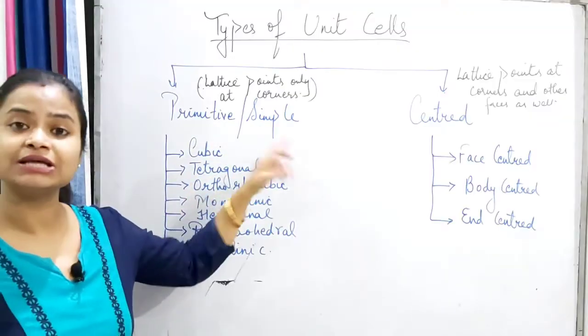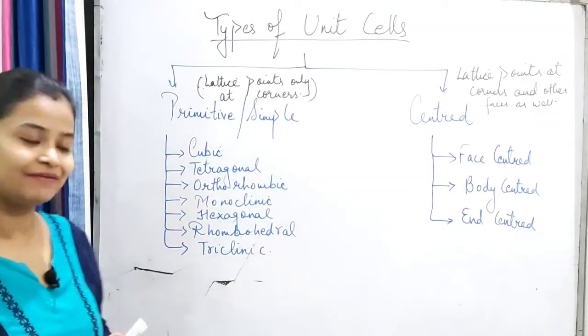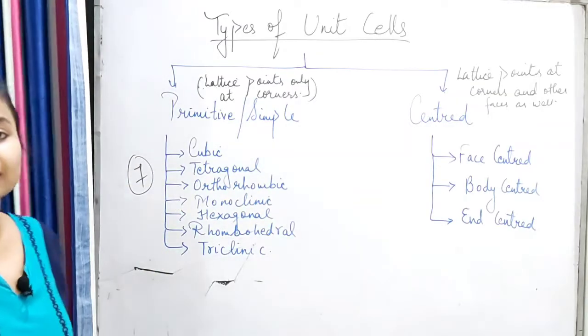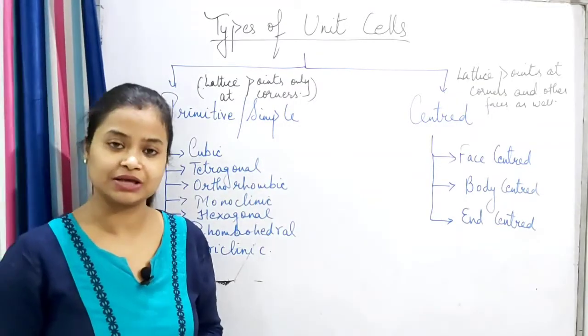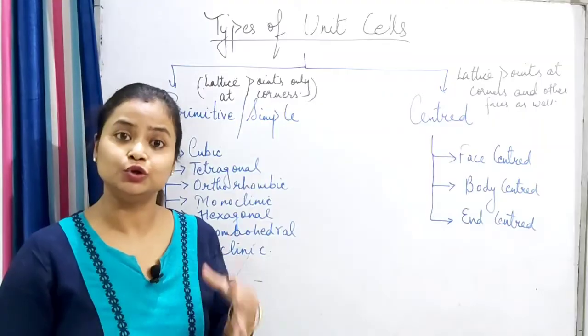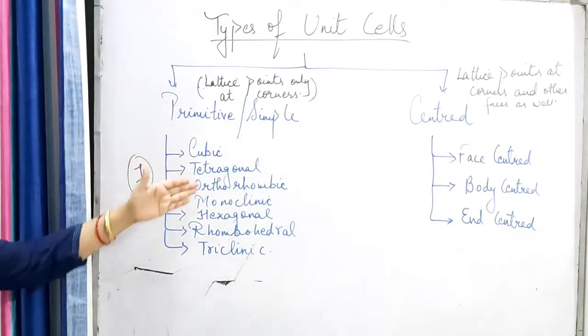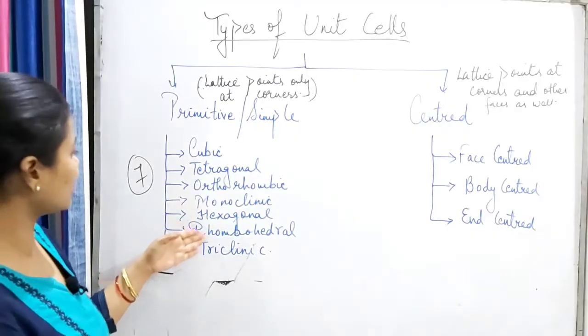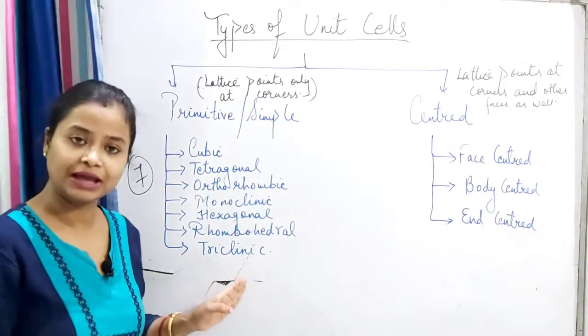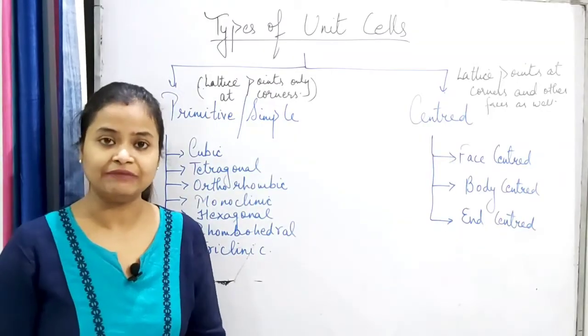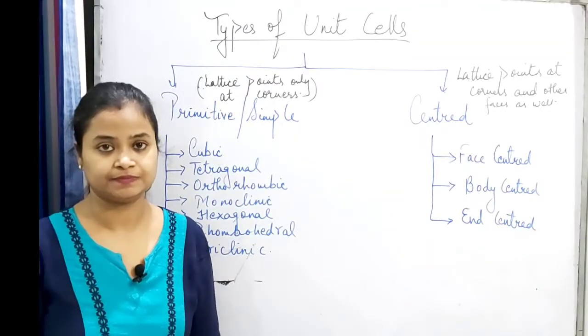Primitive or simple unit cells are classified further into 7 types, and these 7 types are on the basis of what? The edge length and angle between the edges of the unit cell. Okay. So these are the 7 types: cubic, tetragonal, orthorhombic, monoclinic, hexagonal, rhombohedral and triclinic. Okay. So let us see them with the figures.